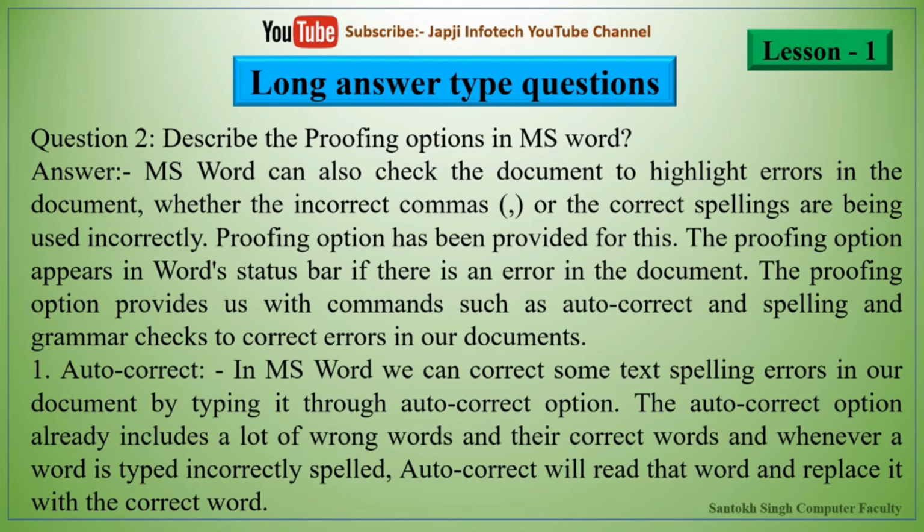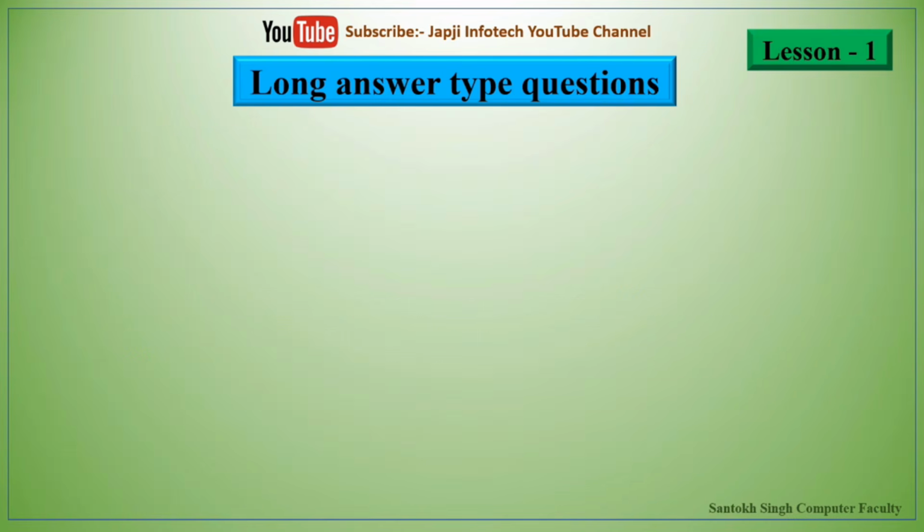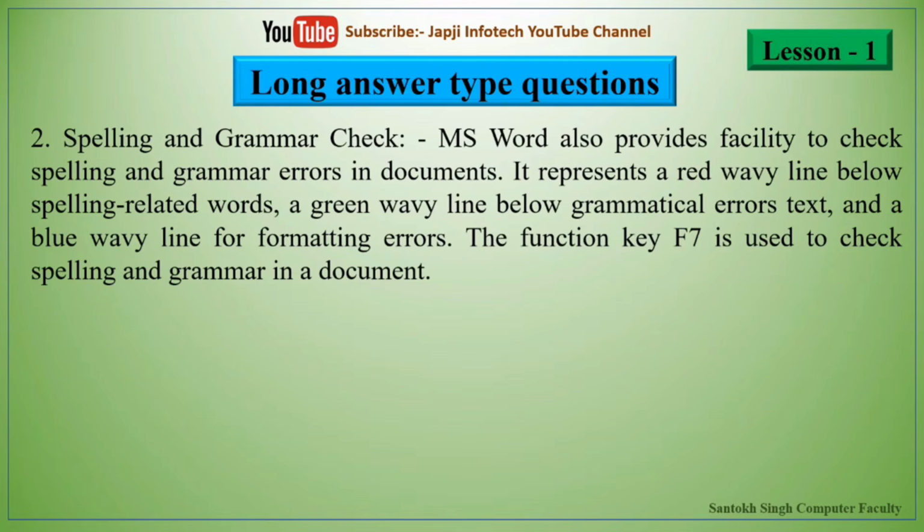In MS Word, we can correct some text spelling errors in our document by typing it through the autocorrect option. The autocorrect option already includes a lot of wrong words and their correct words, and whenever a word is typed incorrectly spelled, autocorrect will read that word and replace it with the correct word. And the second one is spelling and grammar check.